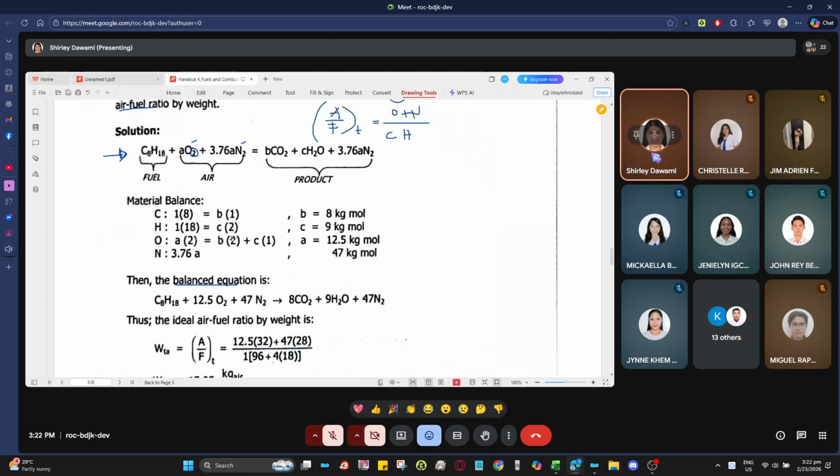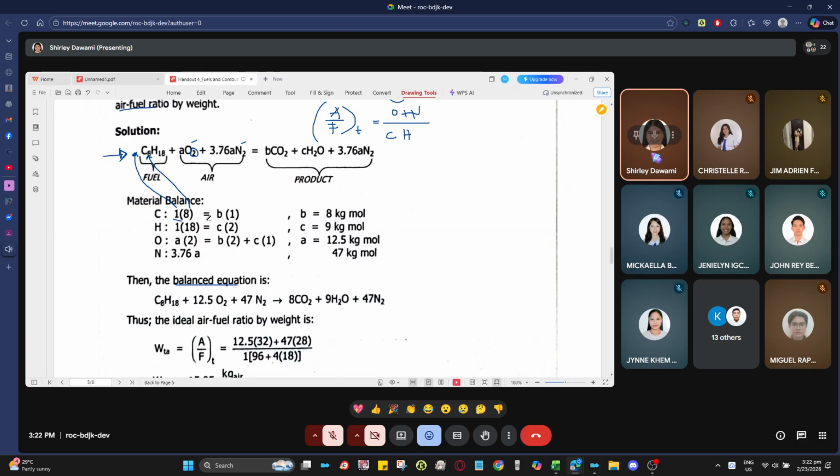In balancing the material, let's start with the carbon. So 1 times 8, because 1 is the number of moles for both carbon and hydrogen, and 8 is the number of atoms.